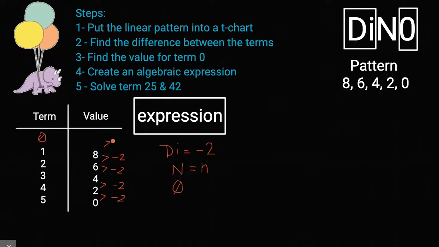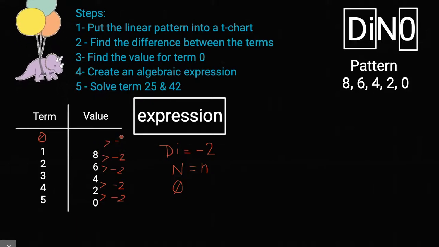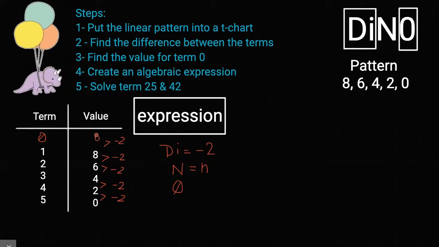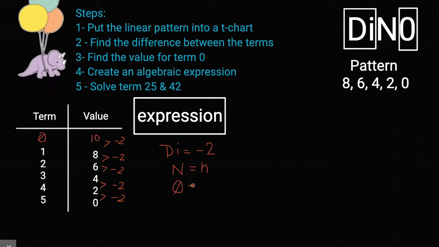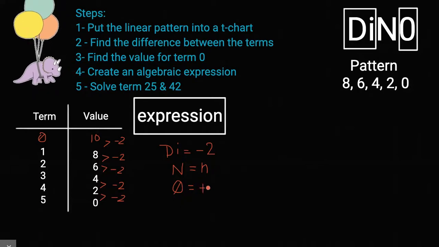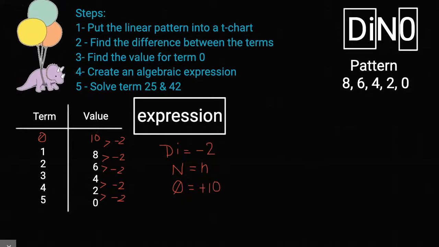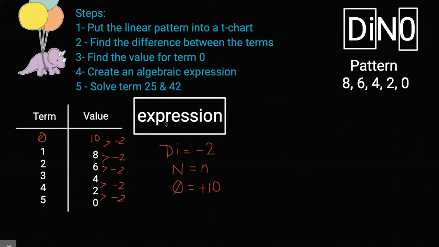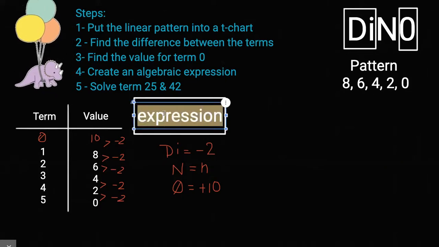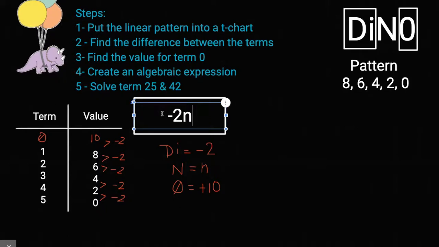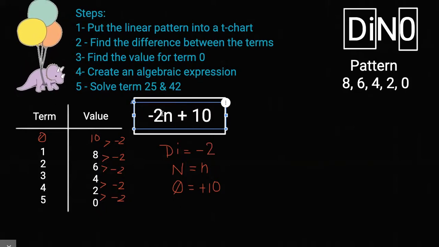So we know that something minus 2 is equal to 8, or 8 plus 2 is equal to this number, which is 10. And that number is positive. So for the first time, we have an expression that has the difference between the terms being negative. So it is negative 2n plus 10.